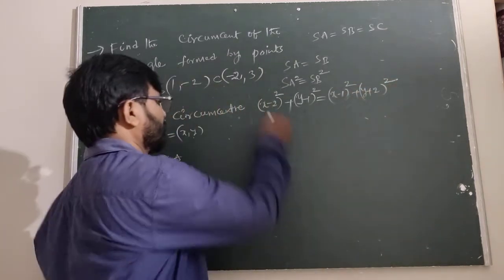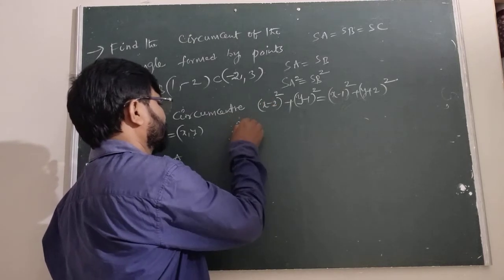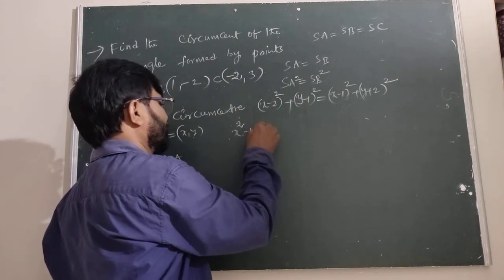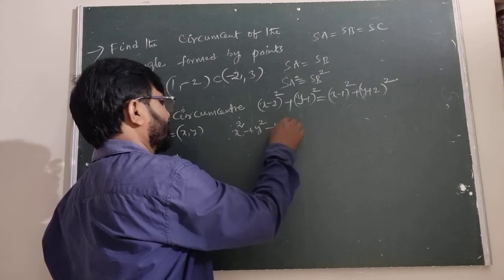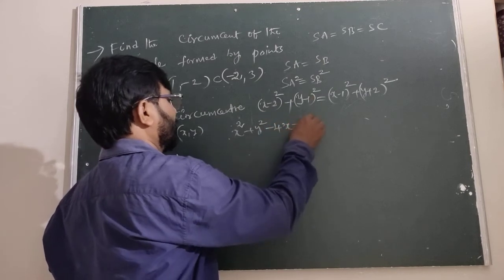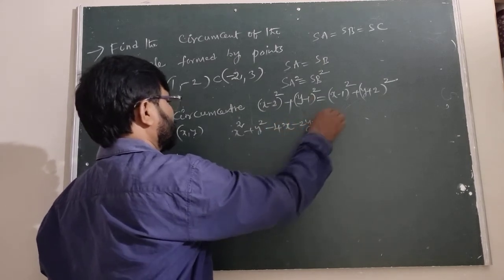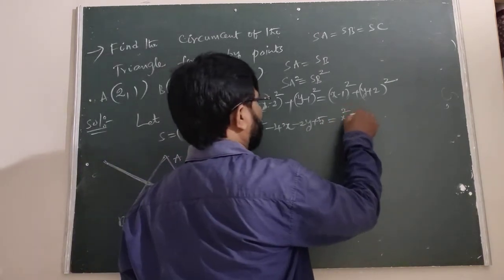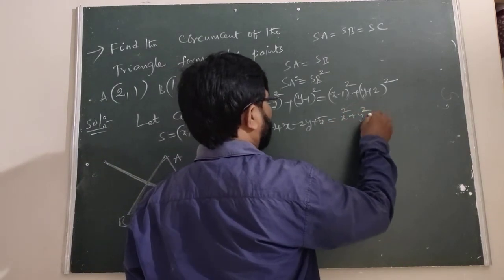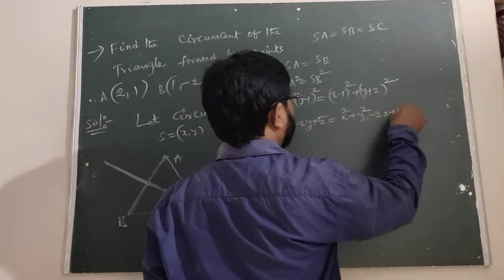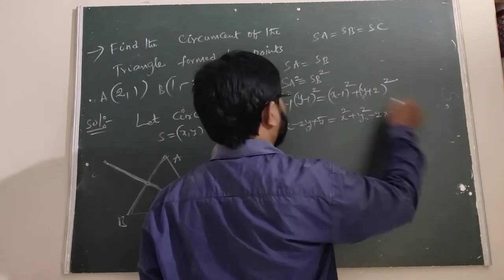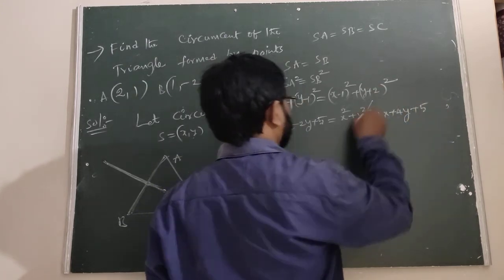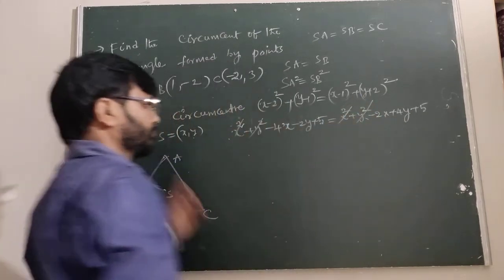Expanding, this is x square plus y square minus 4x minus 2y plus 5, and x square plus y square minus 2x plus 4y plus 5. These are all cancelled.